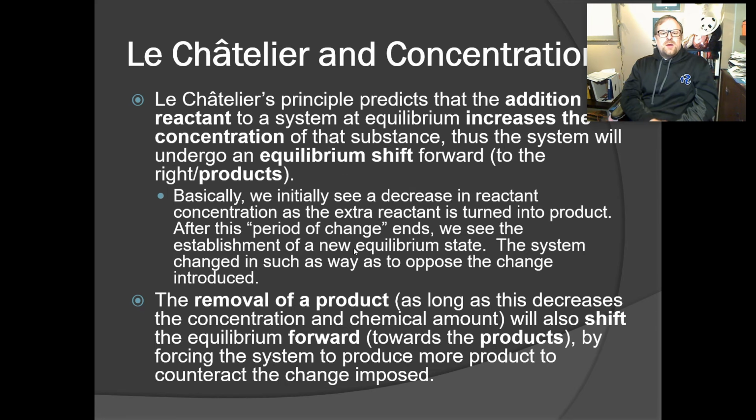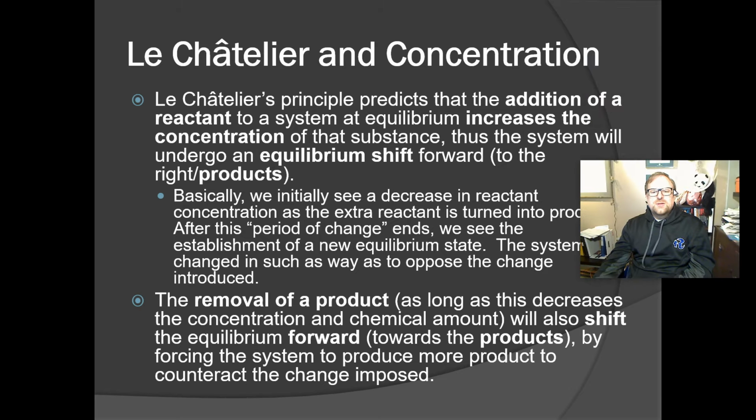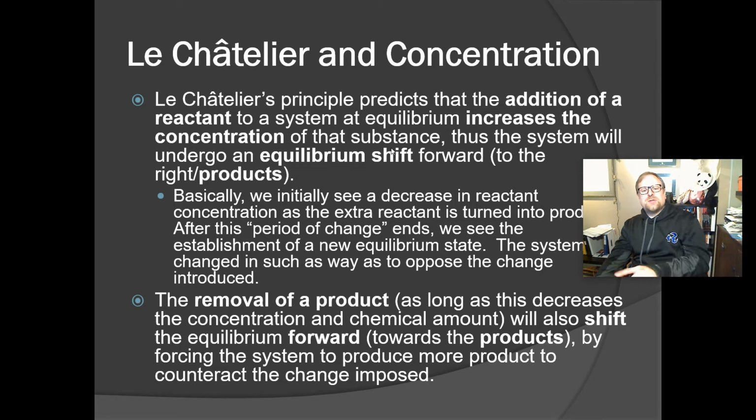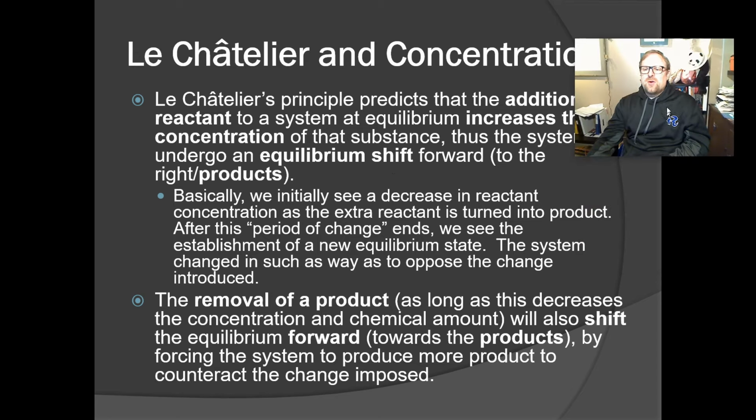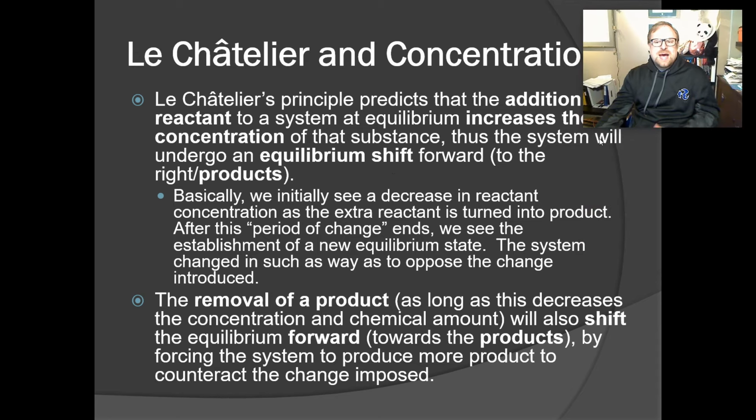Okay, so let's talk about concentration. Le Chatelier's principle predicts that the addition of a reactant to a system increases the concentration of that substance. Thus, the system will undergo a shift forward, or to the right, or to the products in order to oppose that change. Okay, so we're talking about a shift here. In this case, our disturbance is adding a reactant.